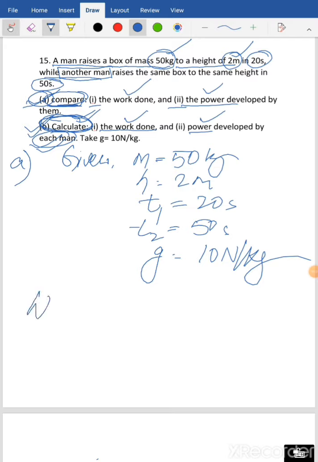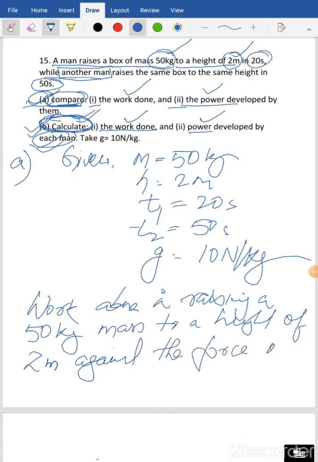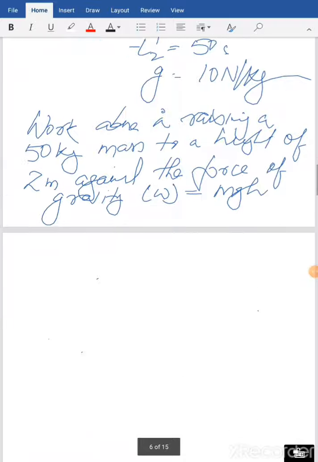So we'll write like this: work done in raising a 50 kilogram mass to a height of 2 meter against the force of gravity, that is W, will be given by the formula or the relation mgh. All right, so it's given by mgh.